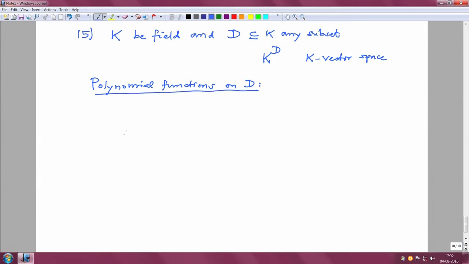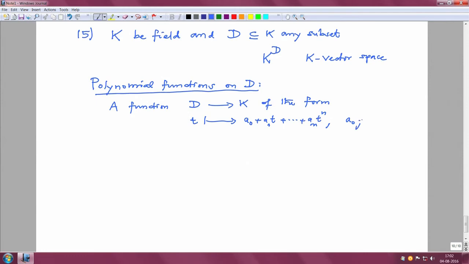That means we have a function from D to K of the form t going to a0 plus a1 t plus up to a_n t power n, where these a0 to an are elements in K, and they are fixed.